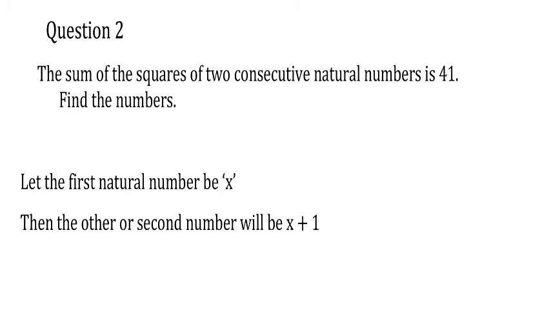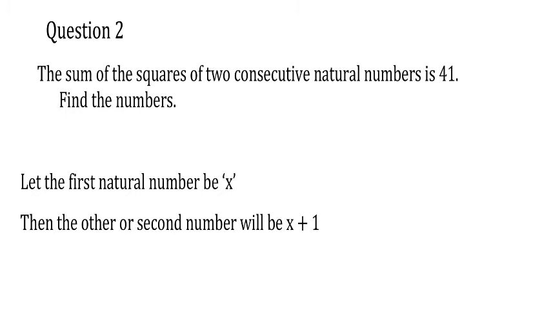Consecutive natural numbers are those which are one next to the other. In the previous problem, we have learnt what consecutive means. Here, as it is given as natural numbers, we need to consider only the positive values.